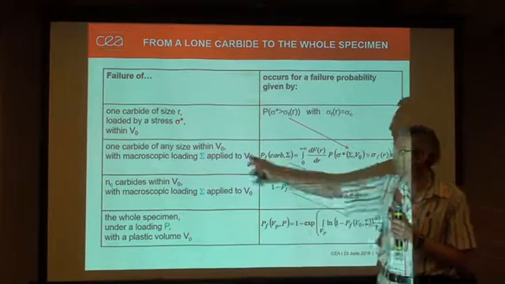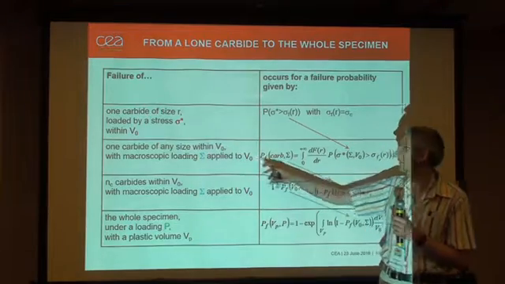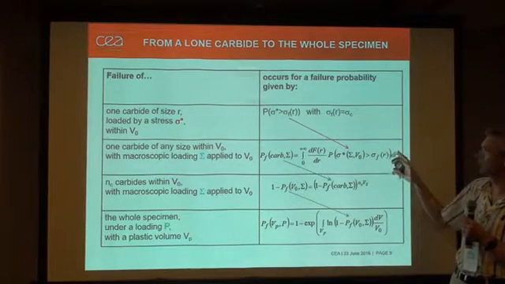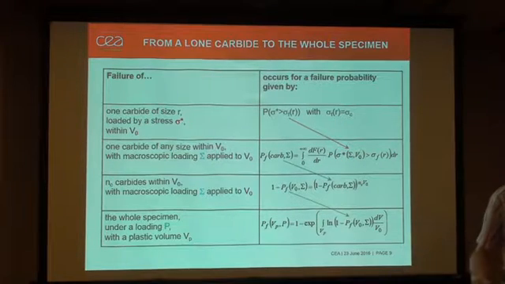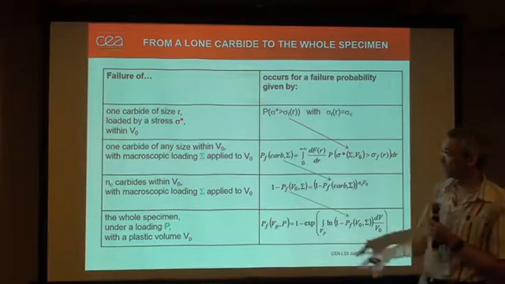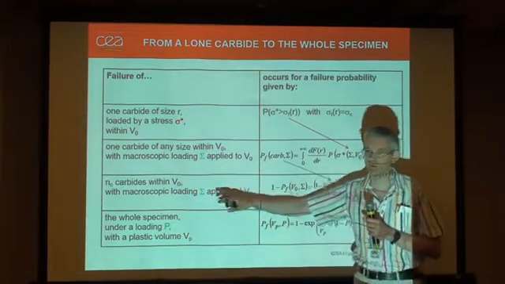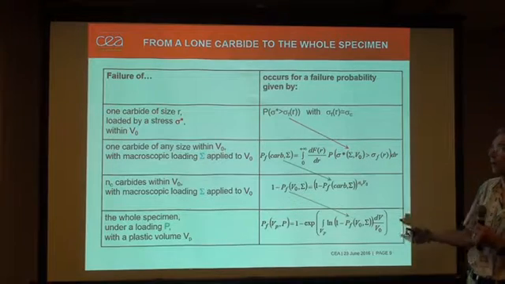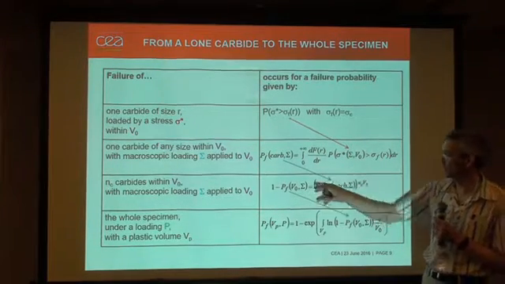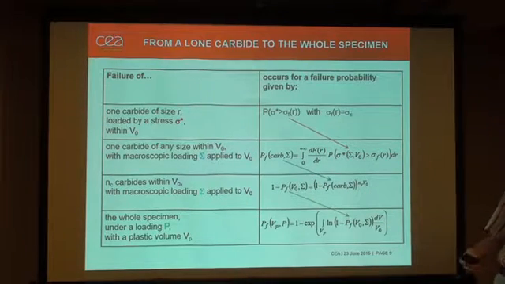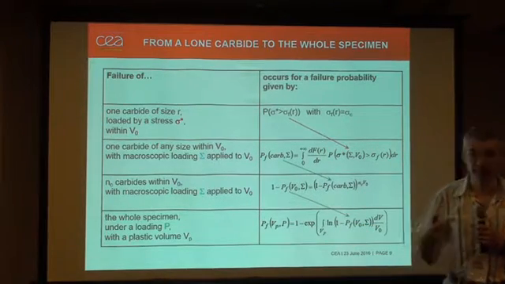If we have a carbide of any size within V0, we have to integrate over size R and take into account the carbide size distribution. If we have not one carbide but NC carbides per volume unit, we'll have this expression. And for the specimen, we have to integrate over the plastic volume.